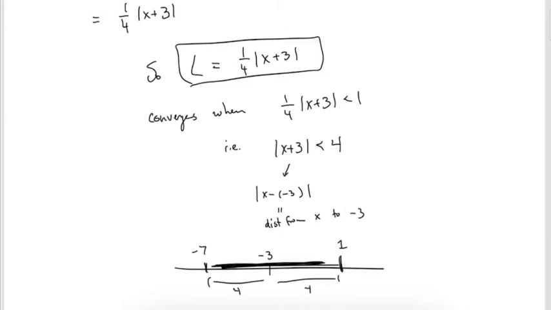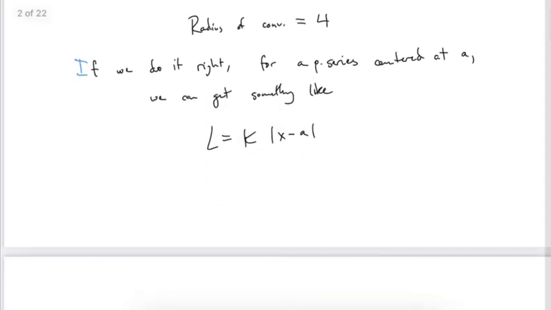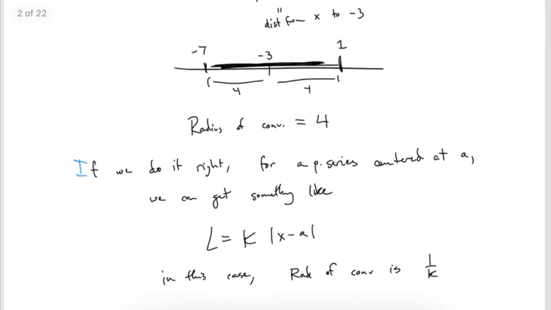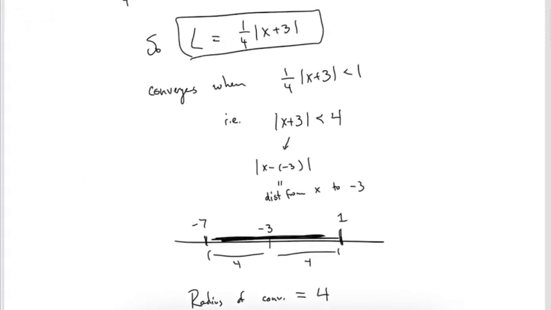We did some examples last time, and if you look back at them, you'll see the exact same thing happened. We always got L equals some constant times absolute value of x minus a. In this case, the radius of convergence is equal to 1 over k. In the example we just did, it was a 1/4 in front, so the radius of convergence was 4.